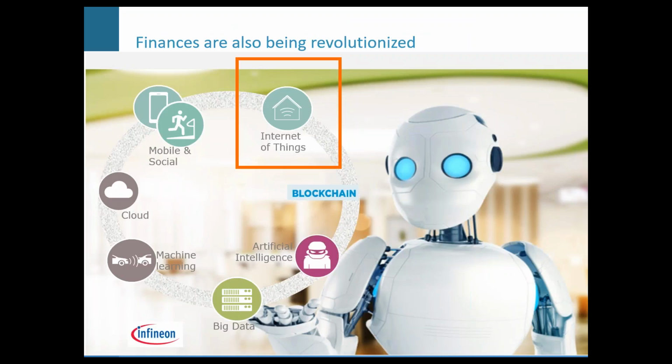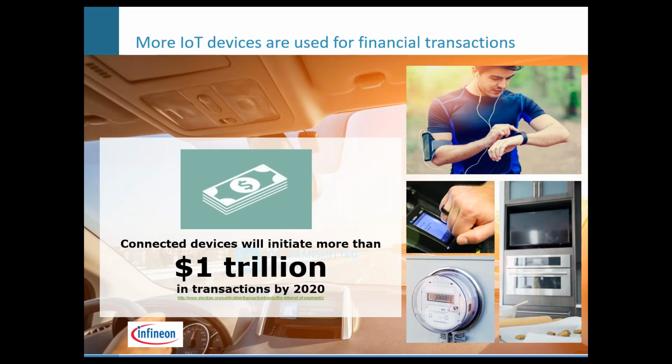In the world of payments and finance, we also see IoT-based revolutions. I have a few examples. For example, it could be wearables, a smart watch or a ring that a user can use to make a purchase conveniently, just tap and go.